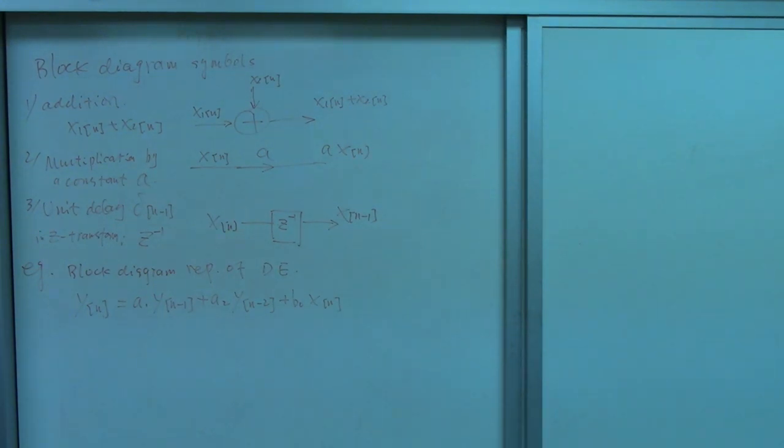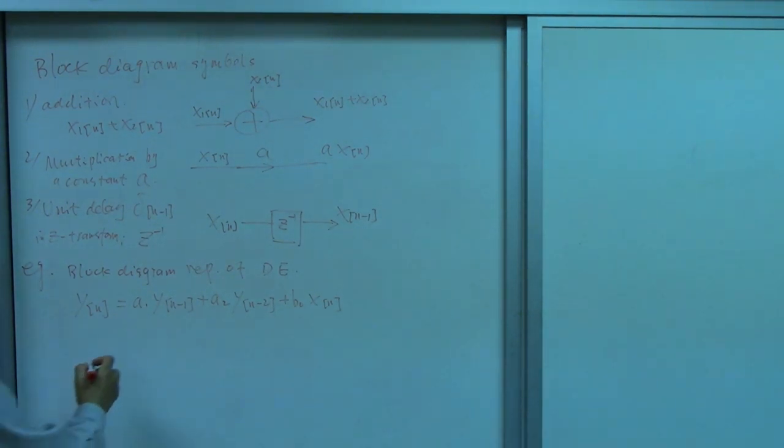Okay, so here, how to use a block diagram to represent the implementation of this second order difference equation. First, we have enough space here.